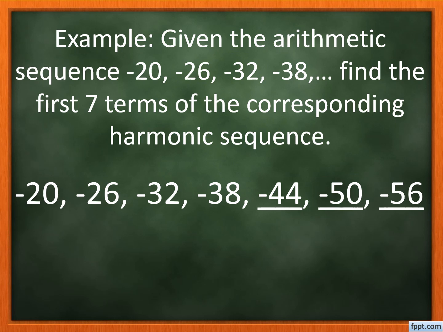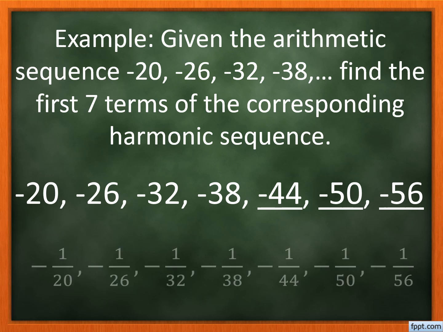And then we get the reciprocal of each term. Then we have negative 1 over 20, negative 1 over 26, negative 1 over 32, negative 1 over 38, negative 1 over 44, negative 1 over 50, negative 1 over 56.